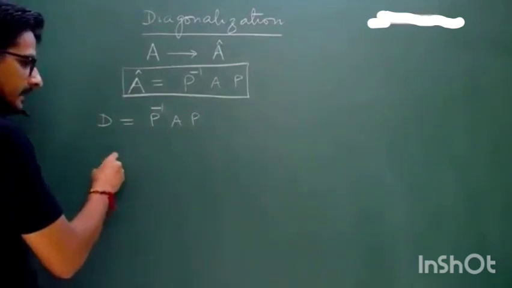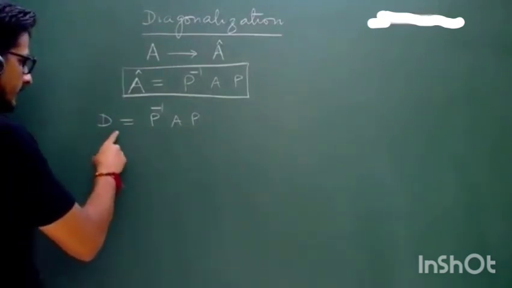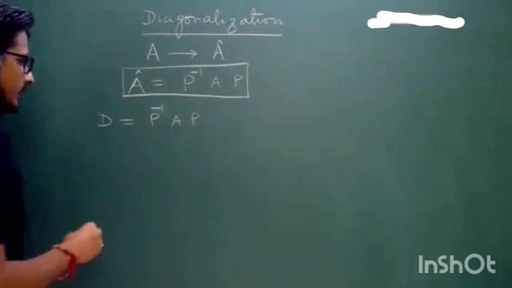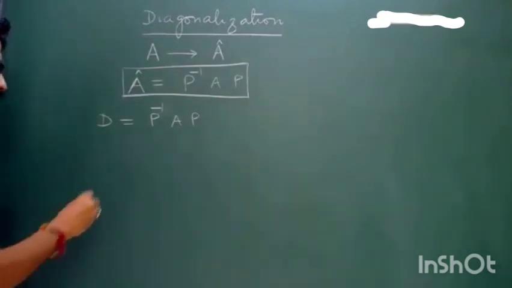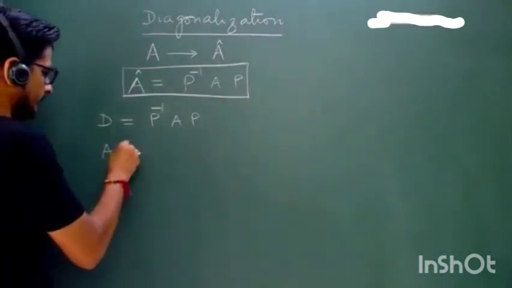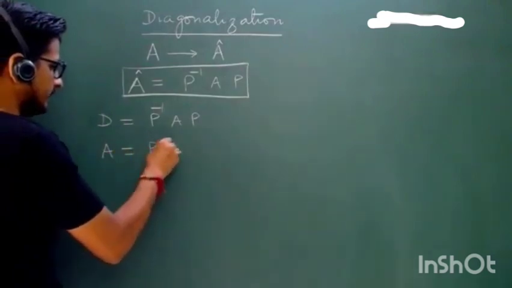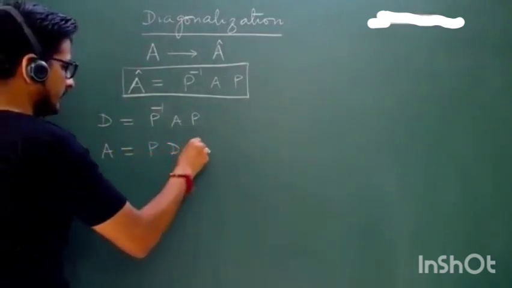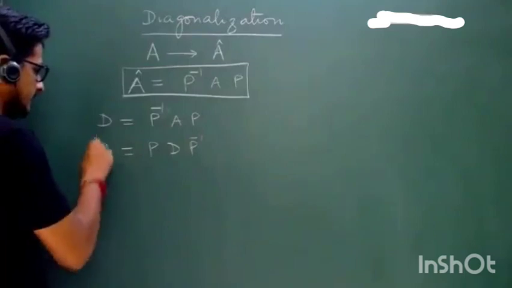And please see this. If D is equal to P inverse A P, we can write A is equal to P D P inverse.